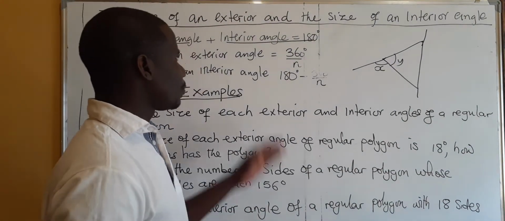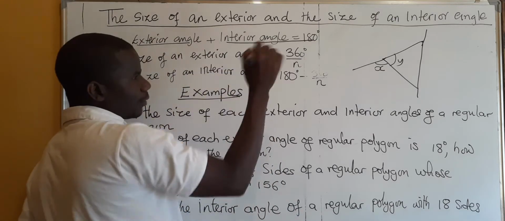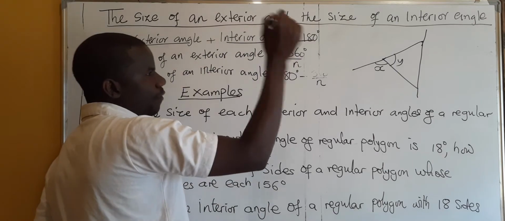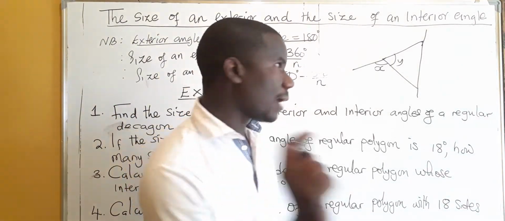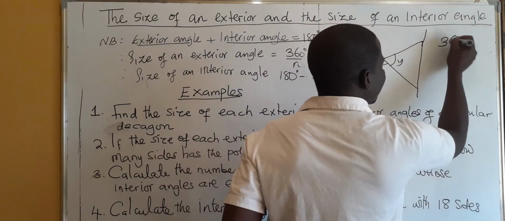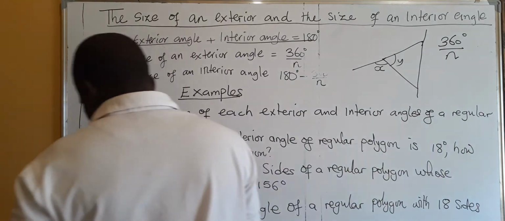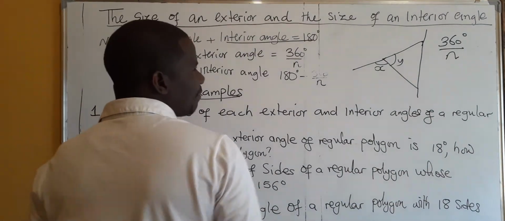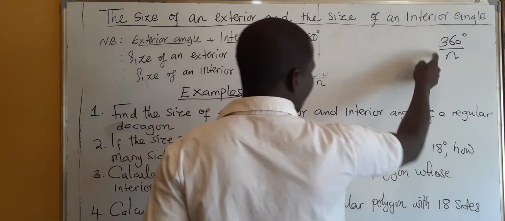So that is what we are saying here. Take note of that. The formula that we use to find the size of an exterior angle is 360 divided by n. Are we together? This one is going to give us the size of an exterior angle.